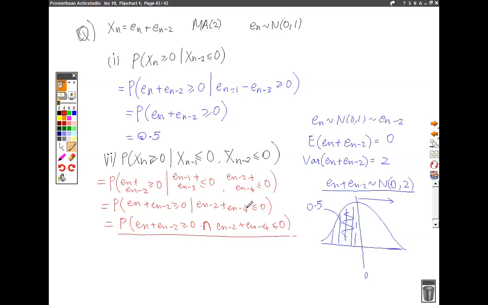And this will be conditioned upon the chance that En minus 2 plus En minus 4 takes a value less than or equal to 0. So I know that this is going to be the same as this, because I'm looking at a normal distribution, which is a symmetric distribution, right? So this will just be 0.5. But how can we figure out the numerator part of this? So this is going to just be 0.5.